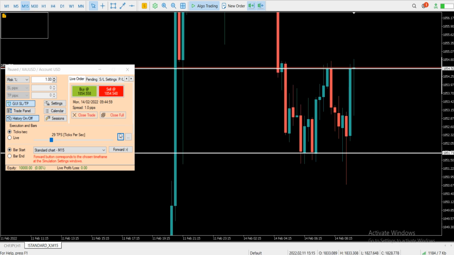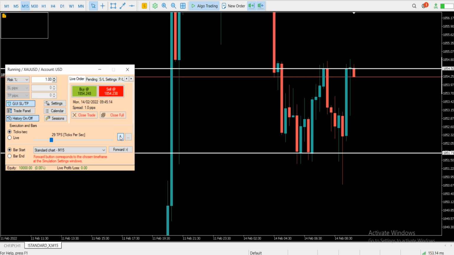M15 candle is gonna close in 1 minute. Okay, M15 candle closed with a rejection from the downside, but the candle closed with a weak body.